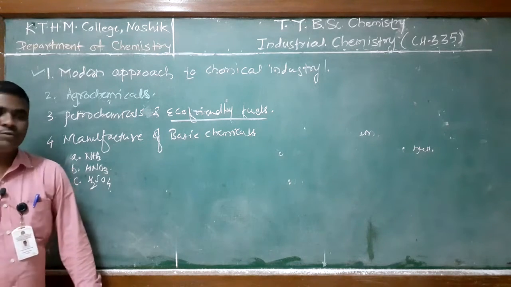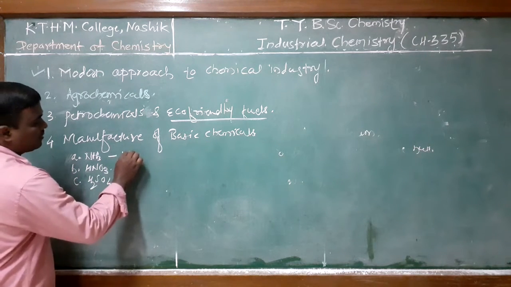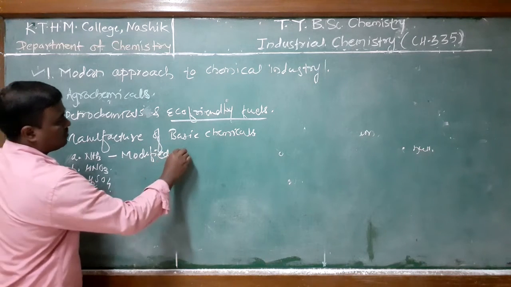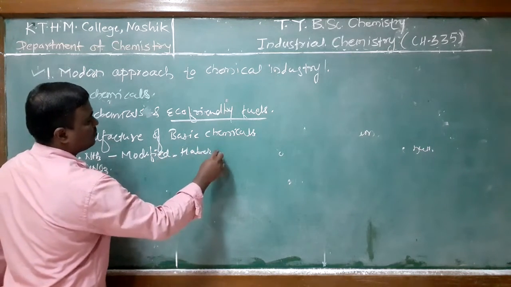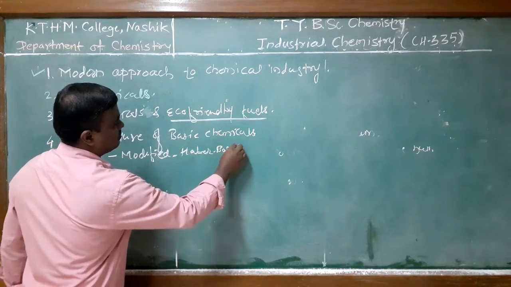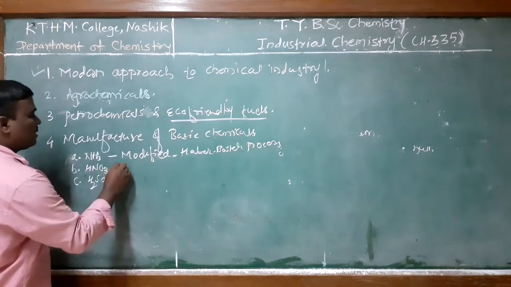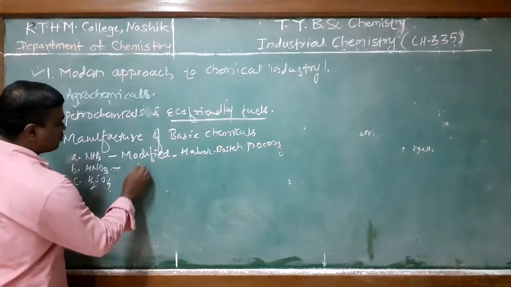Manufacturing of ammonia we are going to discuss by the modified Haber-Bosch process, and manufacture of HNO3 we are going to discuss by the Ostwald process.